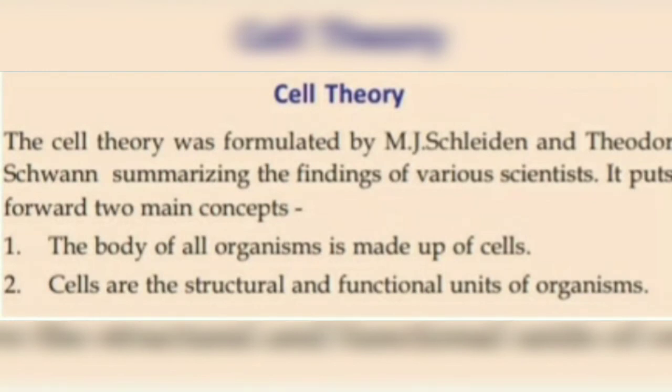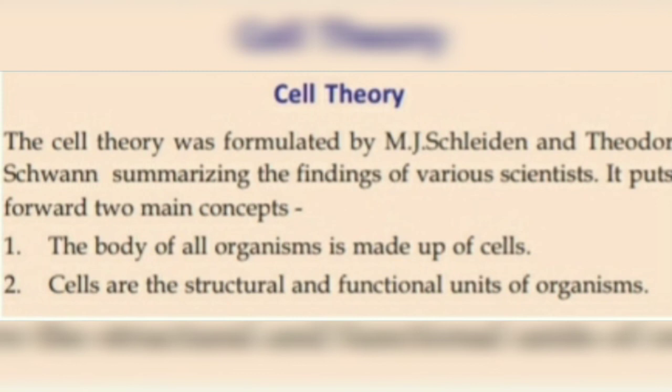Cell theory. The cell theory was formulated by M.J. Schleiden and Theodor Schwann, summarizing the findings of various scientists. It puts forward two main concepts. The first concept is the body of all organisms is made up of cells.